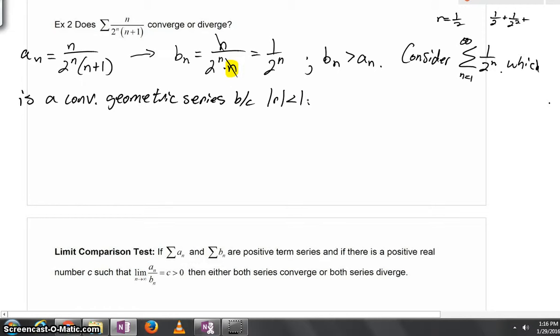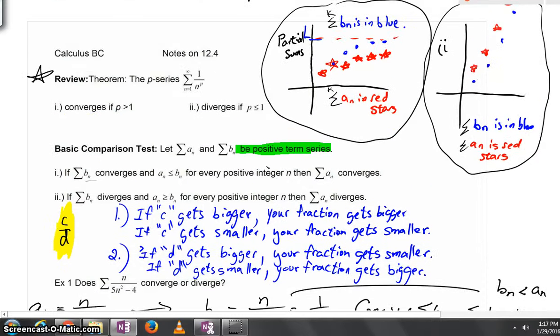Well, right now, the series that we have just created levels off. It flattens out. It's going to converge when you look at its partial sums. And a sub n is actually below it. What picture do we have here, the first or the second? The first. You can see the one we created is in blue.